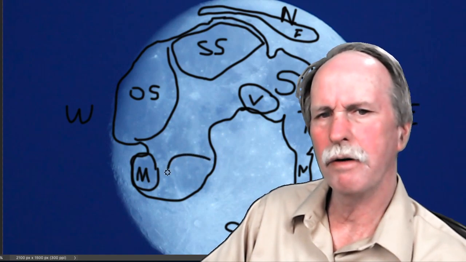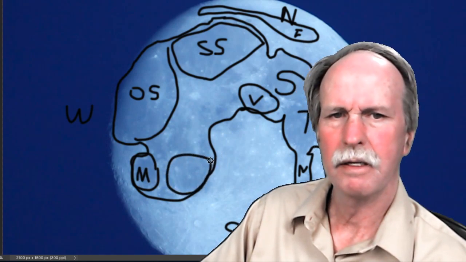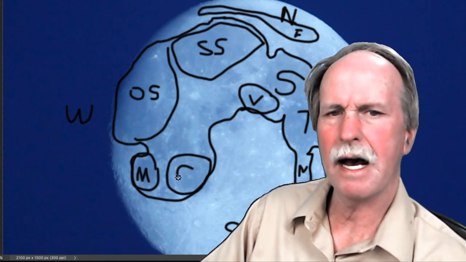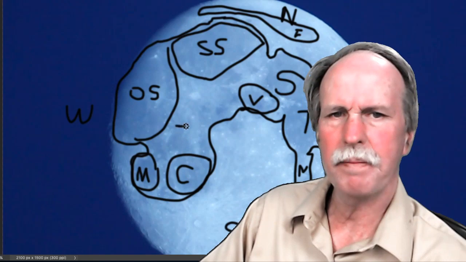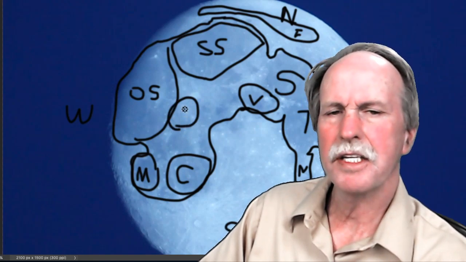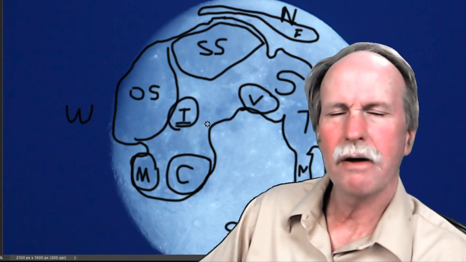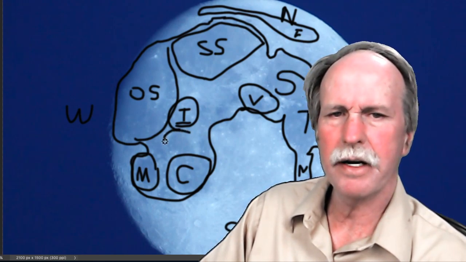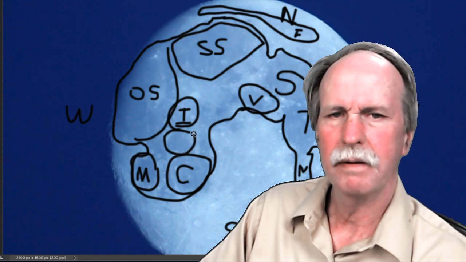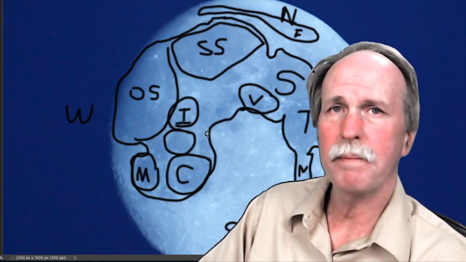Likewise, this area over here is called the Sea of Clouds. And this area up in here is known as the Sea of Islands. Now, as apparently they started running out of names, they called this area right here the sea that has become known.